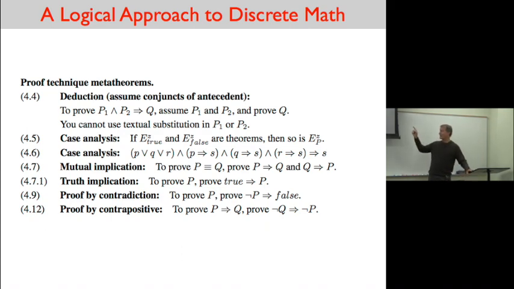Now this one, 4.4, is the next proof technique that we're going to learn. And 4.4 is called assume the conjuncts of the antecedent. First, one small note.